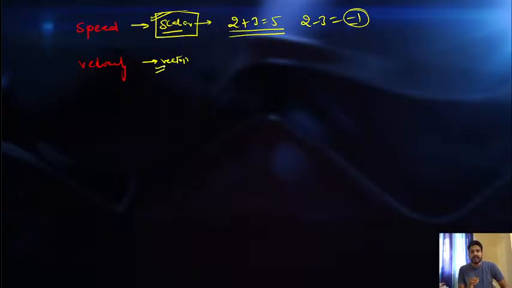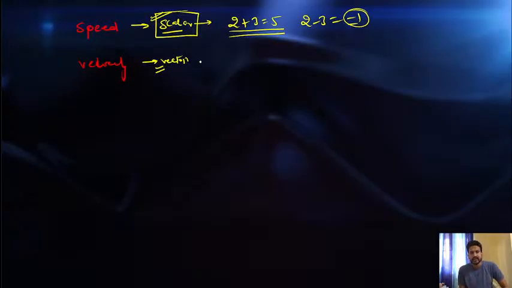For the addition of scalar quantities, we just apply simple addition, like 2 plus 3 is equal to 5, 2 minus 3 is equal to minus 1. In the vector quantity, direction is involved, so we cannot directly add, subtract or multiply like that.